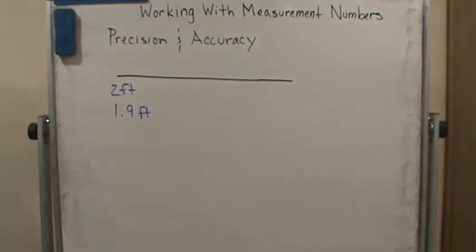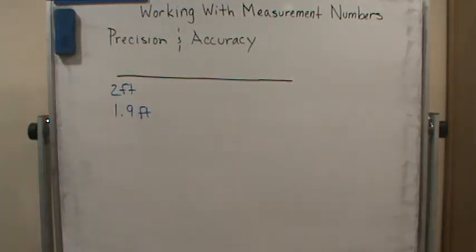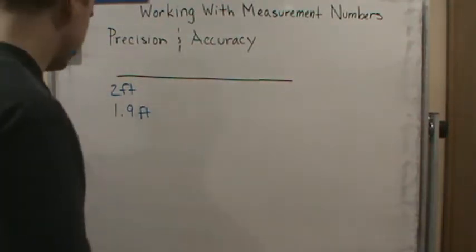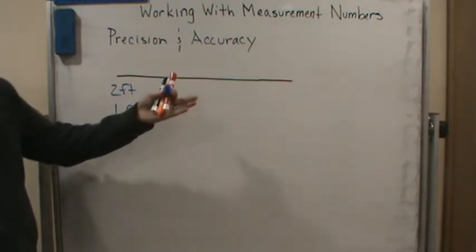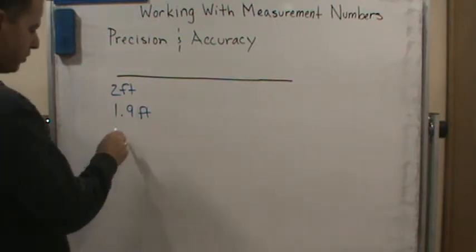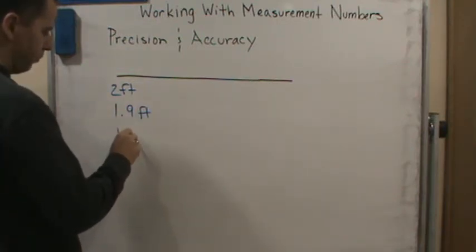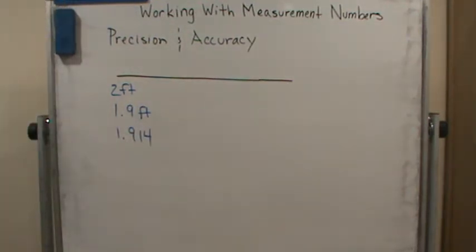I measure with the tape measure out to 1/10 of a foot. Now let's say I use another device that is a little bit more accurate, a tape measure that now has 1/16 of an inch. So I measure out, and it's 1.914 feet.